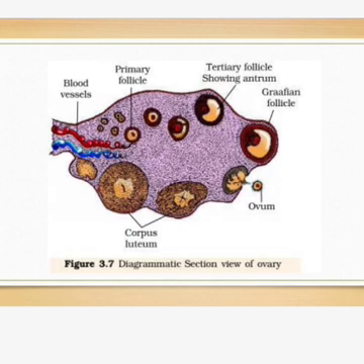Now some of the cells called oogonia, which are also known as germ cells, form a layer called egg cord of Pflüger.